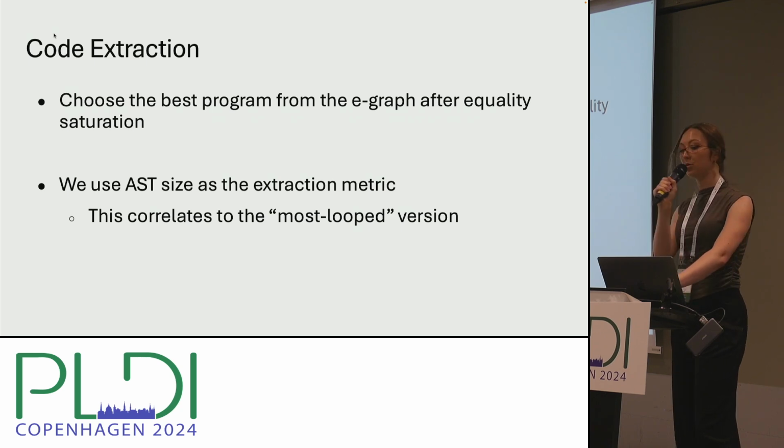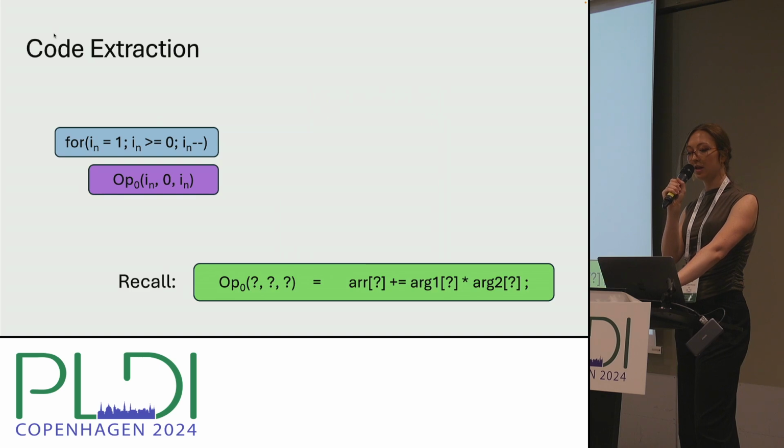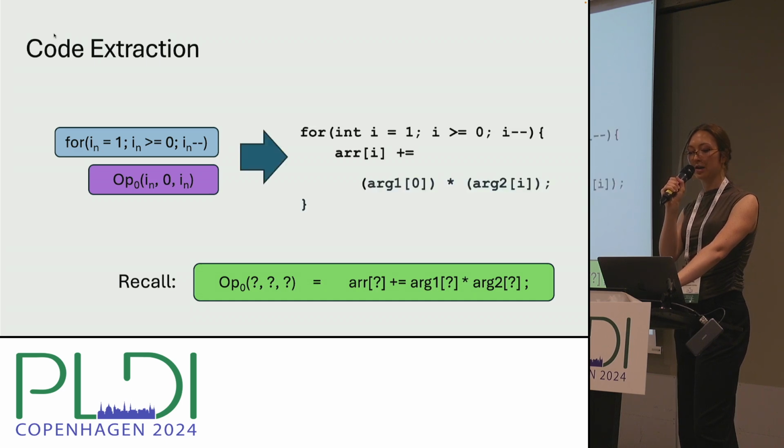But at the moment, this works. And so we extract basically the shortest loop possible, so it consumes as many operations as possible. And then here the translation process is pretty simple. Remembering the abstracted operation from earlier, we just take the loop bounds from the eGraph and then rewrite that operation into the C code that we pattern matched.